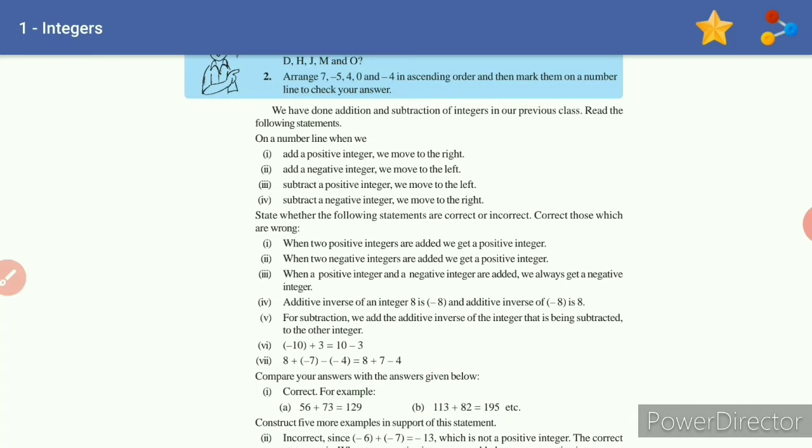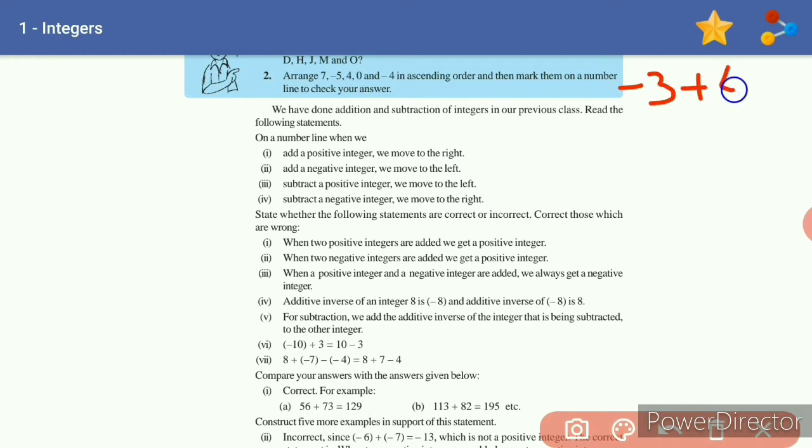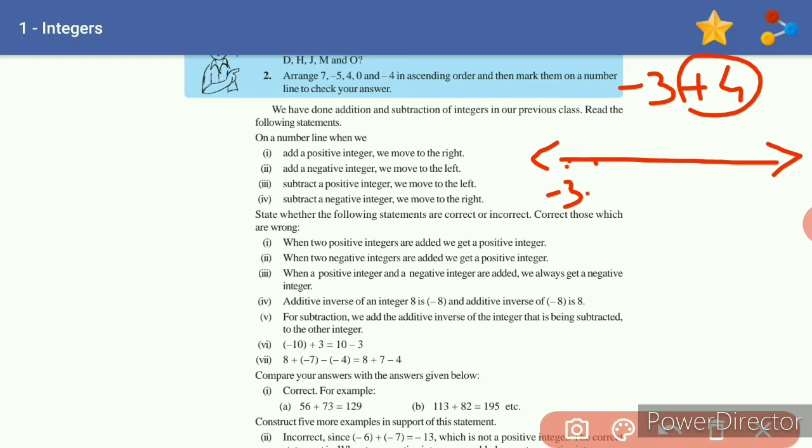If you want to add a positive integer, so if we have -3 plus 4, we have to add a positive integer. Is 4 a positive integer? Yes. So let us write -3, -2, -1, 0, 1, 2.